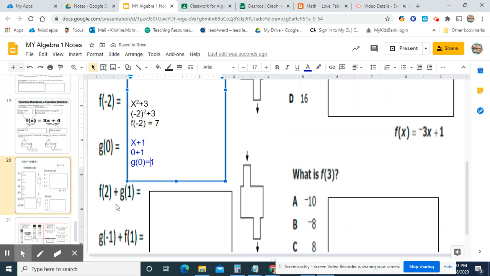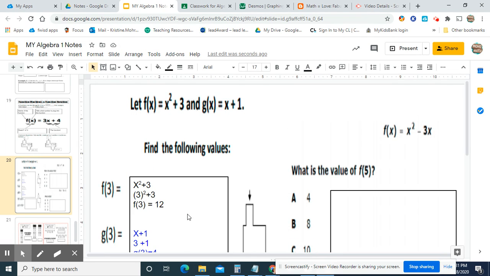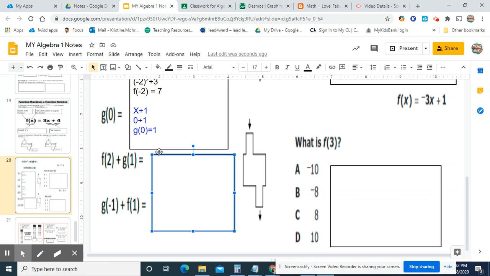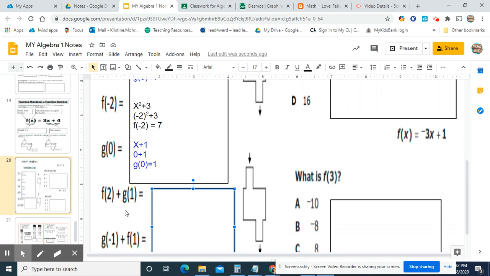Now here is where it gets a little tricky. We're combining 2 of them. So we are saying f of 2 plus g of 1. So you're still going to do the same thing we've been doing here. You're just going to add your final numbers, basically. So we have our f equation is x squared plus 3. And then we're adding our g of x, which is x plus 1.